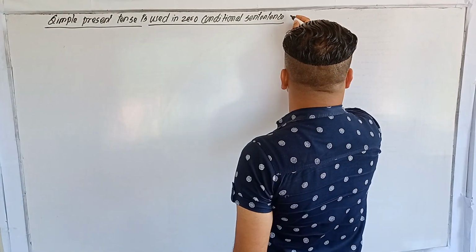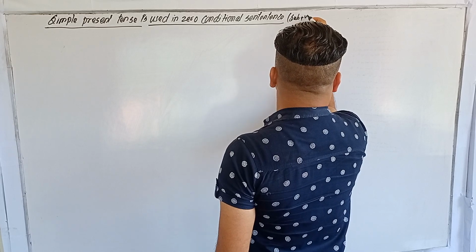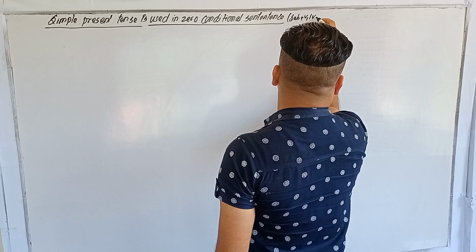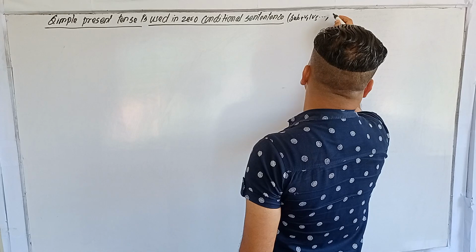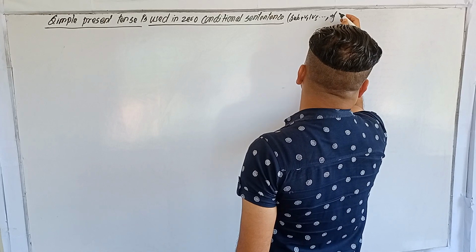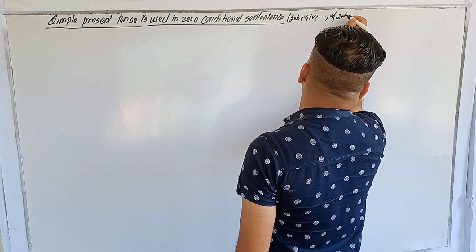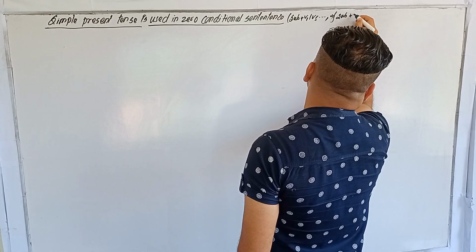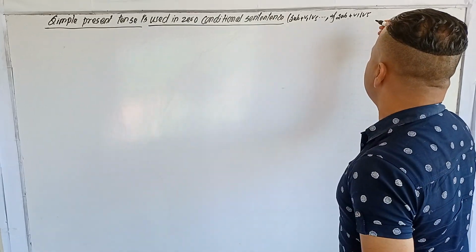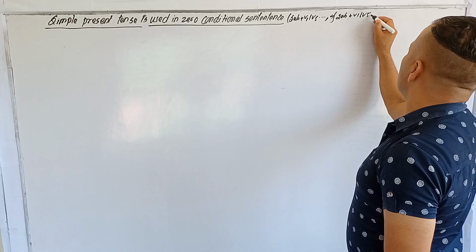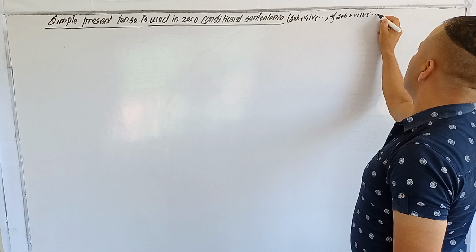The structure is: subject plus V1 plus object, full stop. Or: comma, if plus subject plus V1 plus object, then subject plus V1 plus object.